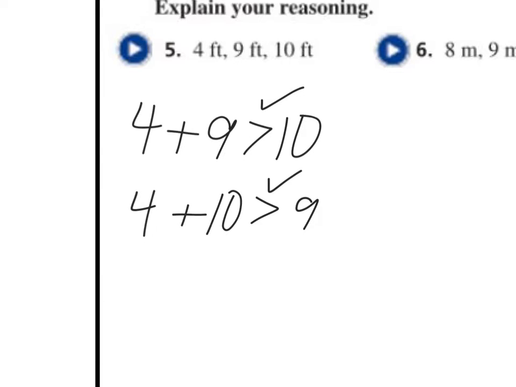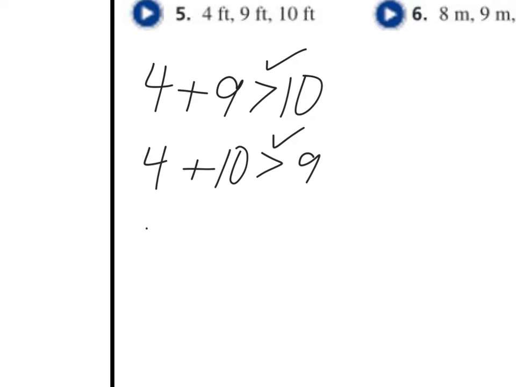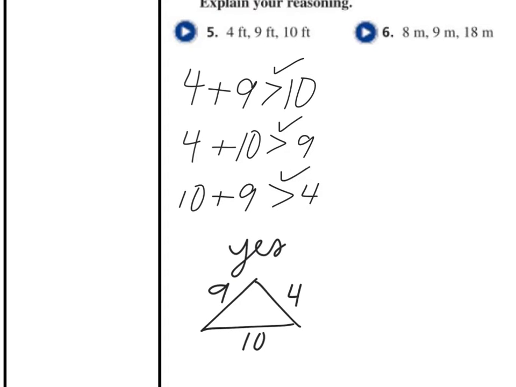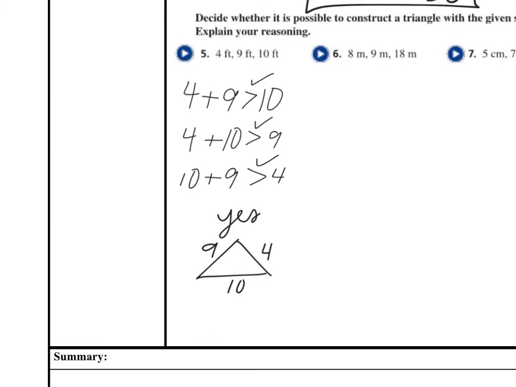Yes. And then, obviously, 10 plus 9 will be greater than 4. So is this a triangle? Yep. And we can even draw one. Hooray. Can you please work on the next two? Decide, can those be triangles? Make sure you can explain it to me.